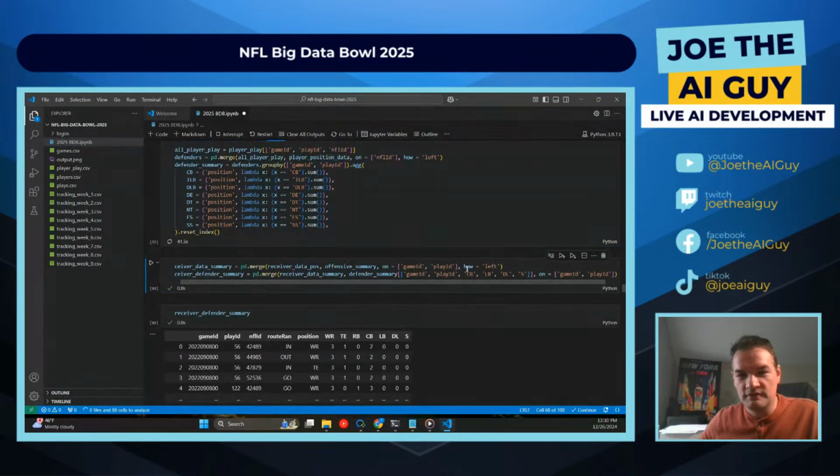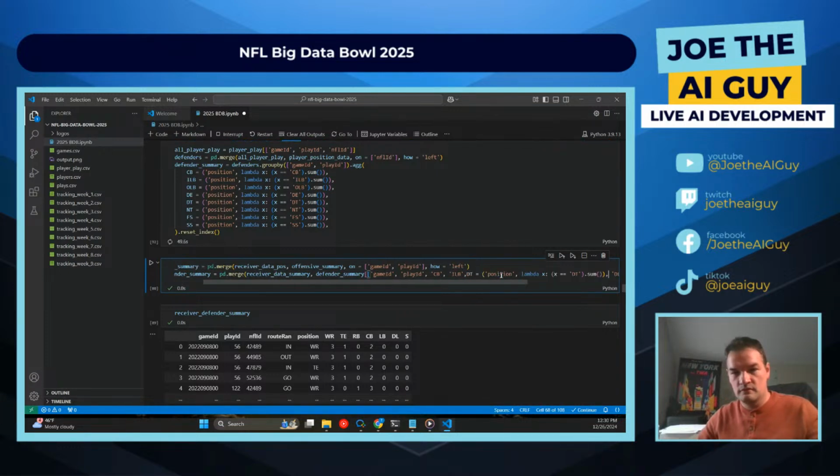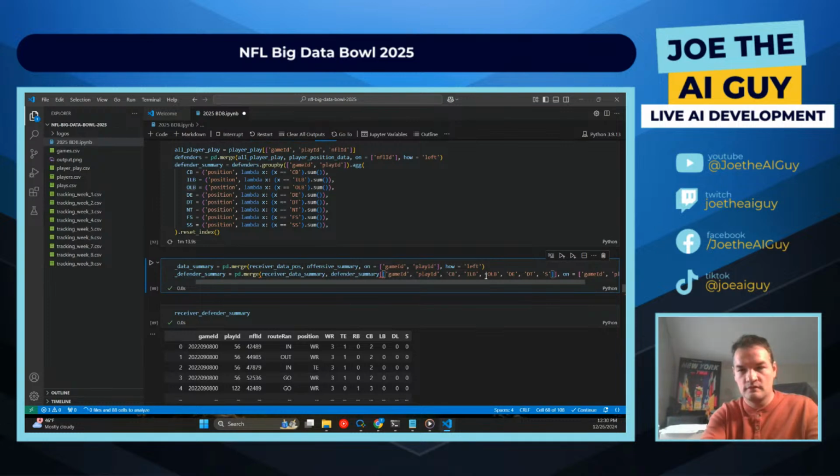So then we need to come here and update this. So we have CB, we have ILB, DE, DT, FS, and SS.